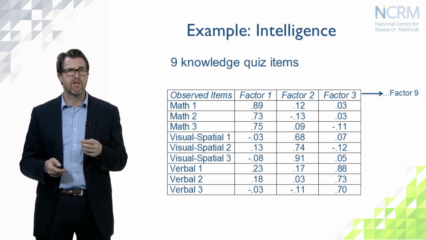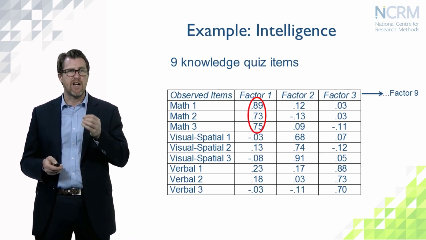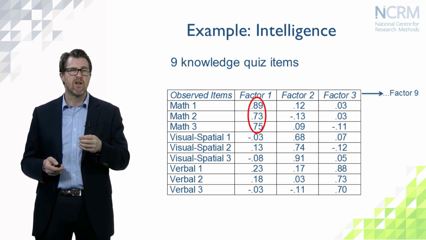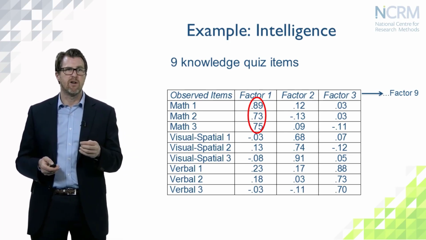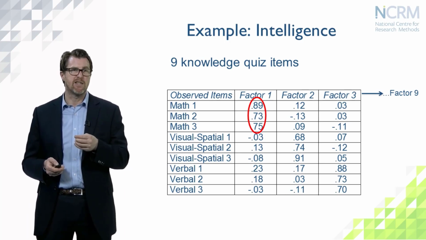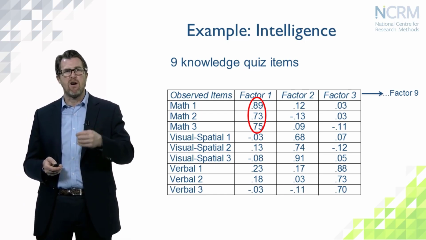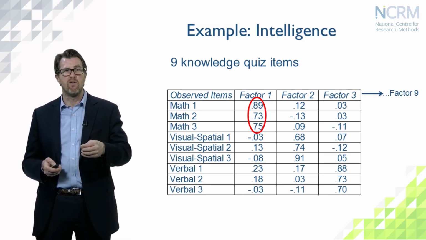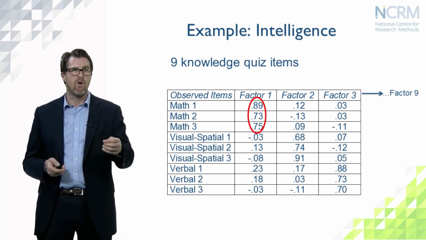So if we look first at factor 1, we can see that the factor loadings or the correlations are high between factor 1 and the observed items which are measuring mathematical ability. So this is saying that the higher your score on factor 1, the more likely you are to get the item math 1 correct.